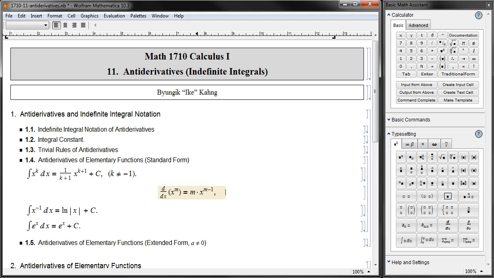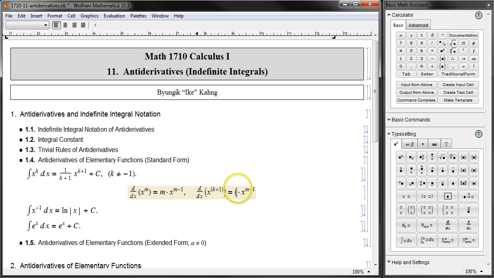What if we go backward? That's basically what this is. Add 1 and then divide. Here, if we replace m by k plus 1, this is what we're going to get. Instead of m, let's replace it by k plus 1 power.